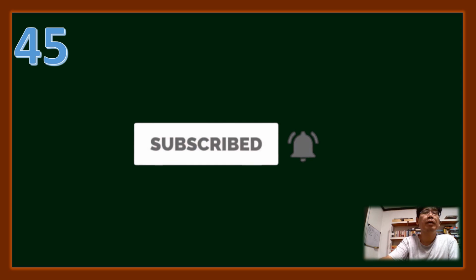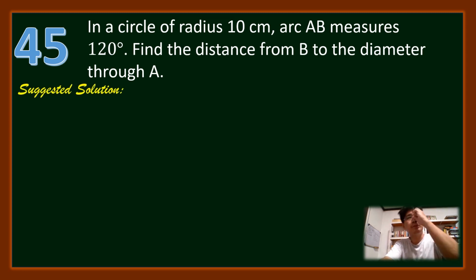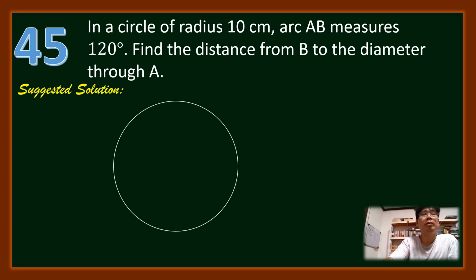Number 45. In a circle of radius 10 centimeters, arc AB measures 120 degrees. Find the distance from B to the diameter through A. For our suggested solution, let us illustrate the circle described in the problem. So we have arc AB formed by two radii.